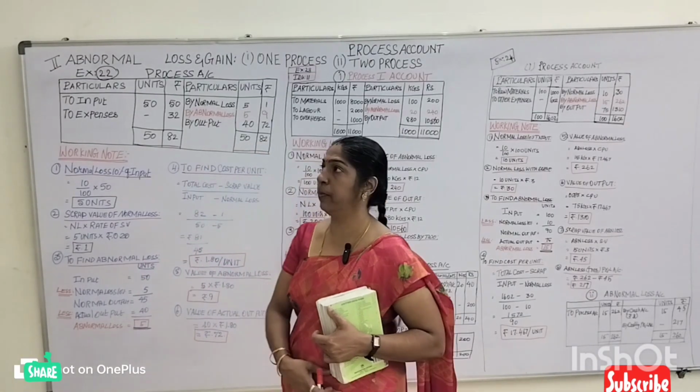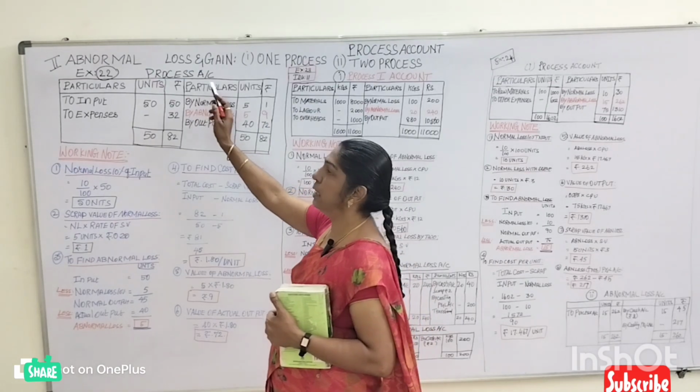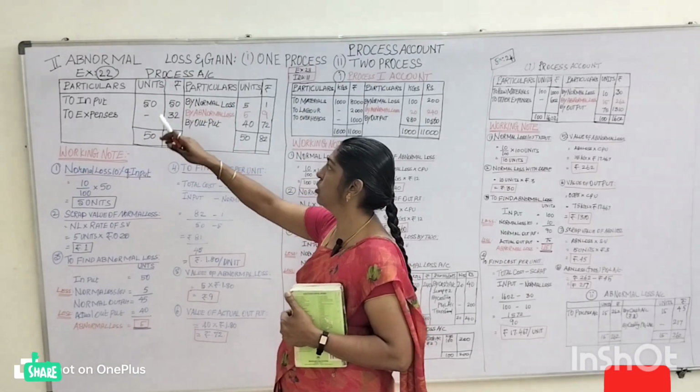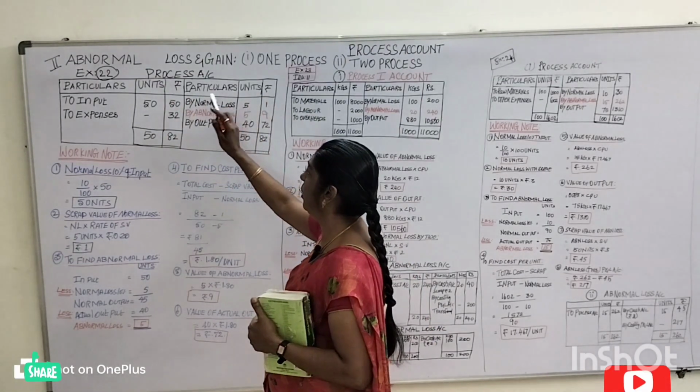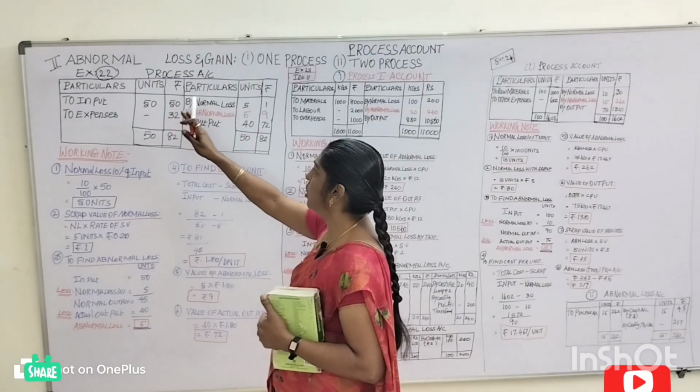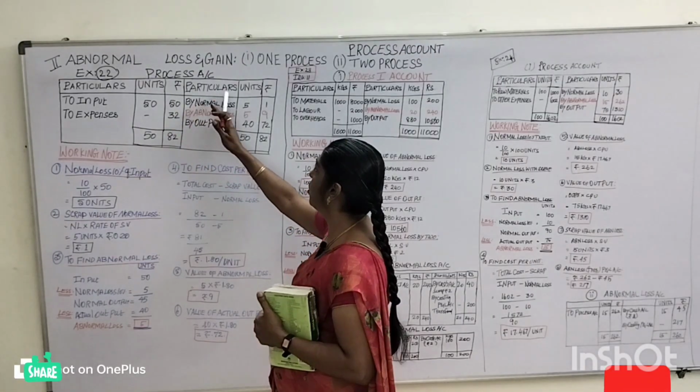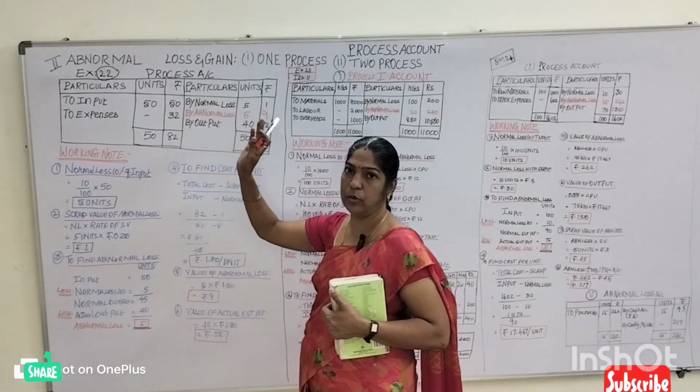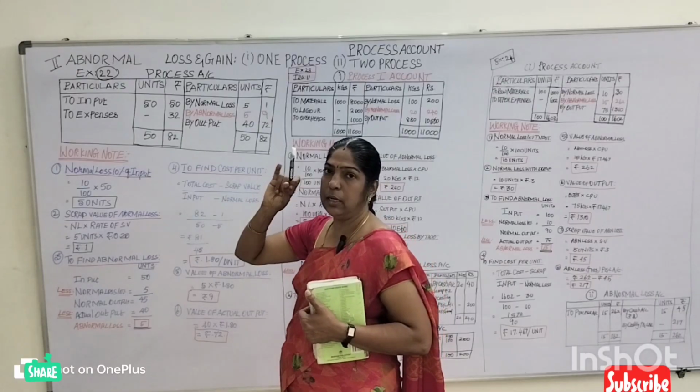What is the format to prepare the process account? The heading is process account. We start with the T format. Debit side: particulars, units, rupees. Credit side: the same particulars, units, rupees.